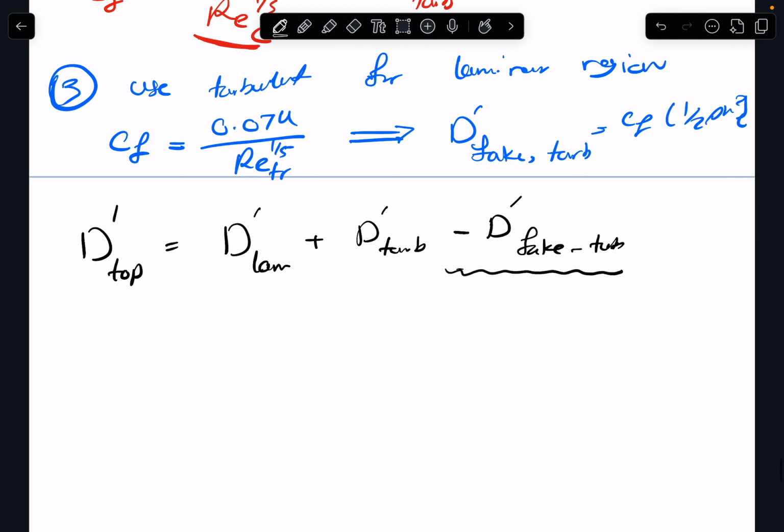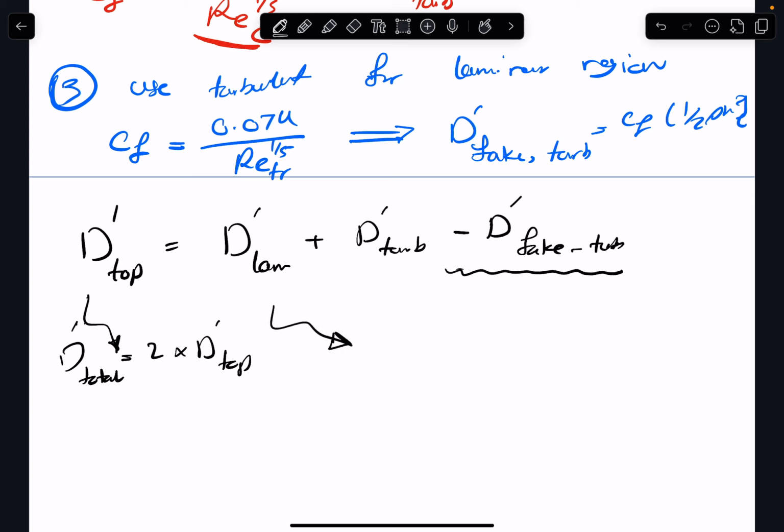And if this was a symmetric airfoil, we could have just multiplied this D top by 2 to get the total friction drag. But since this has a positive camber, technically we can't do it, but it is still not a bad assumption as long as we are in the thin airfoil region.